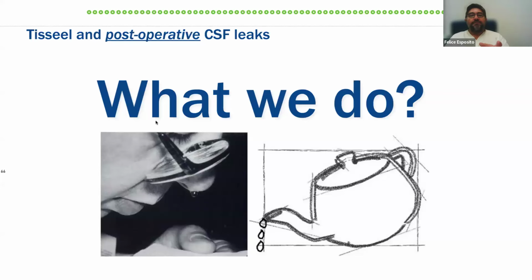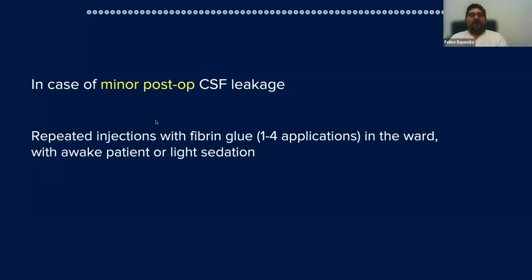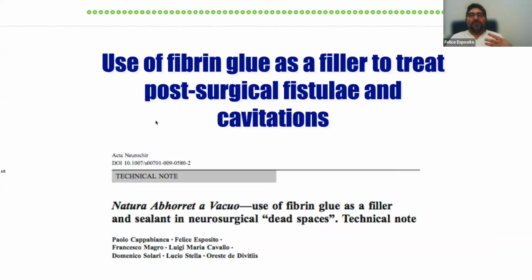And what do we do if we still have a postoperative CSF leak from an inadequate dural closure? In case of minor CSF leak, either in endonasal surgery or posterior fossa surgery, we use a repeated injection of fibrin glue still in the ward, not in the OR, with the same concept of the epidural blood patch.